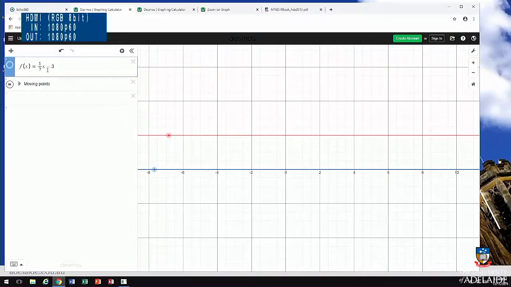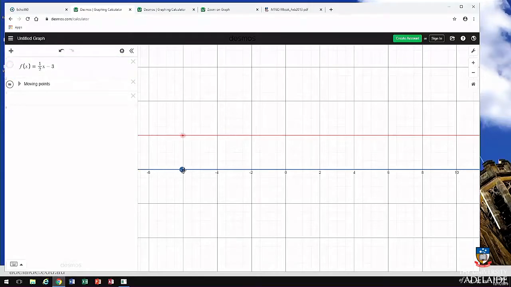And here is the formula, half of x minus 3. This is Desmos, or Desmos, you can pronounce it how you like, which you can look up, just Google it, and you can draw all sorts of cool things here. So this is my x, and as my x moves forward, my y moves forward as well, but much slower than my x is moving.